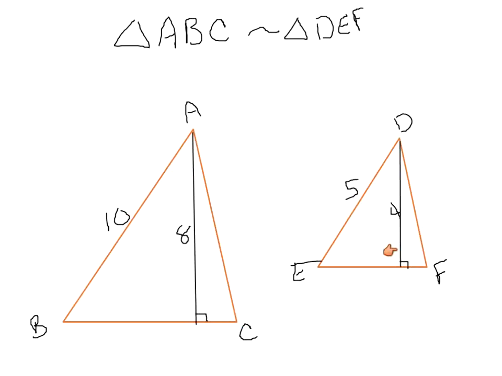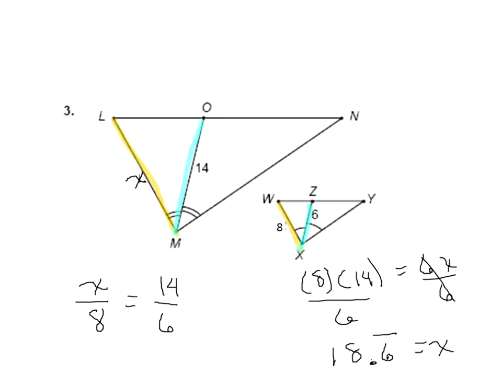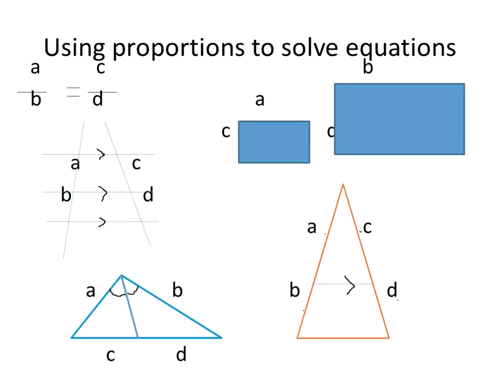Okay, so if you understand that it doesn't matter which parts I have as long as I have the same part in both, altitude, median, or angle bisector, I can set these ratios up the same way I set up the corresponding sides. So those are the ratios we have so far. Okay, and if you understand what they are, you should be able to apply them to all of these different situations.